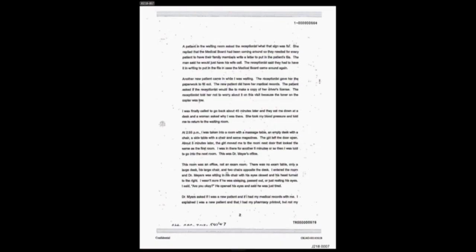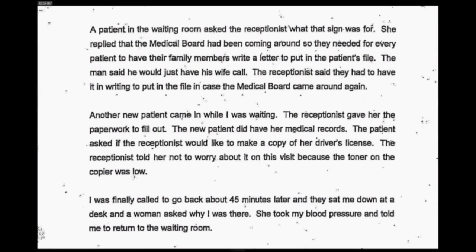And then if we go to the next page, we see that a patient in the waiting room asked the receptionist what the sign was for. She replied that the medical board had been coming around, so they needed for every patient to have their family members write a letter to put in the patient's file, right? I see that.